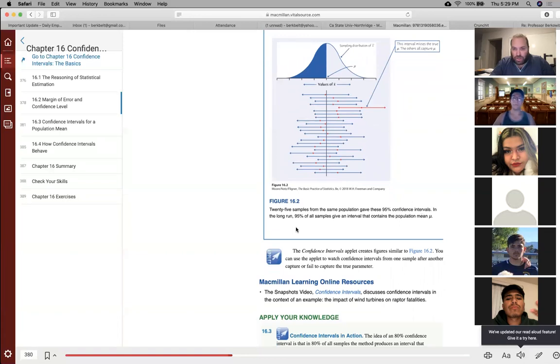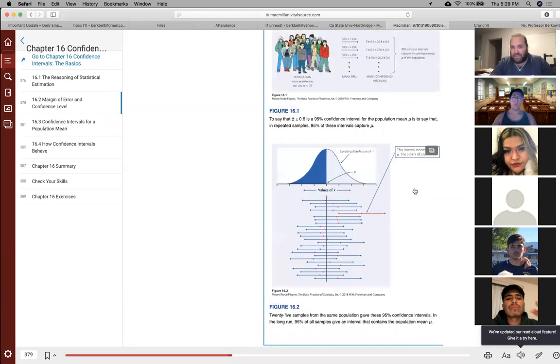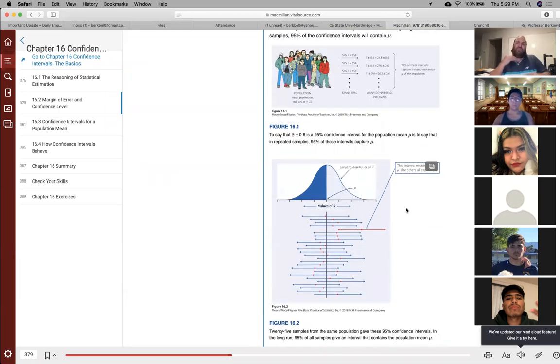In the long run, 95% of all samples give an interval that contains the true value. So my 95% confidence interval is just an interval. If you make lots and lots of them, 95% of them are going to catch it. But the easiest way to interpret my specific interval is that I am 95% confident that it's in there.